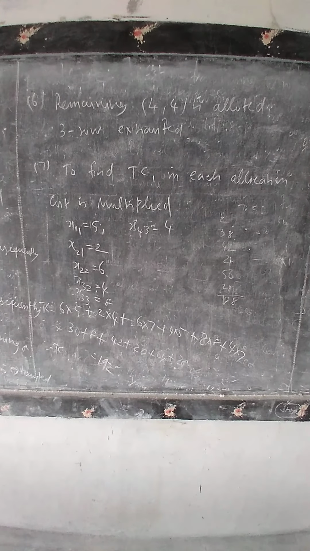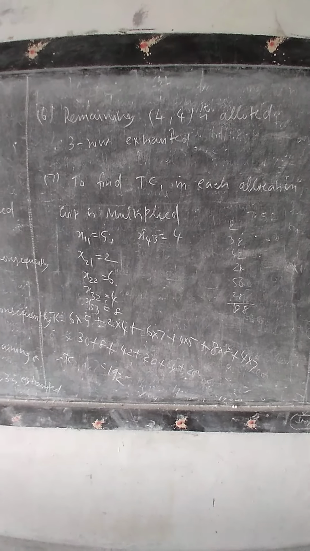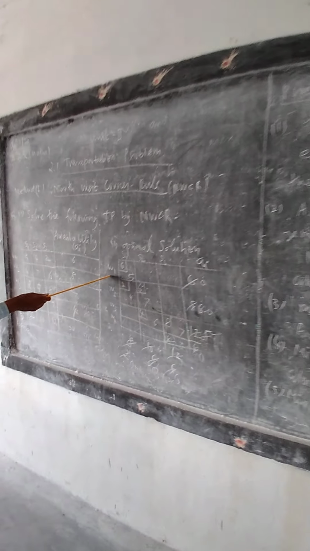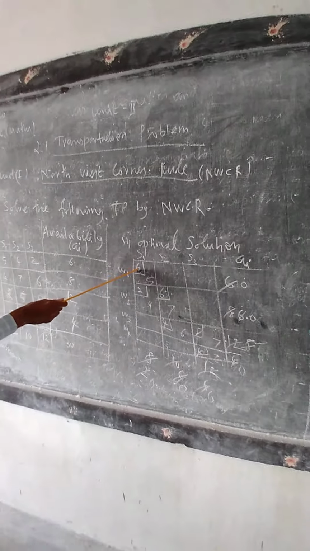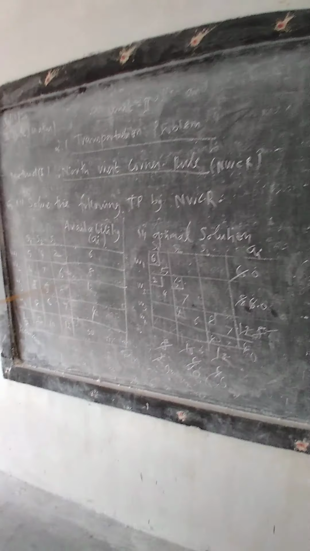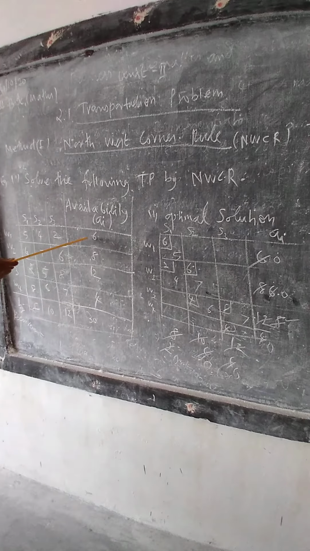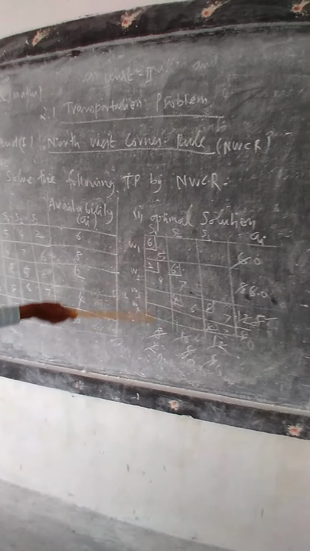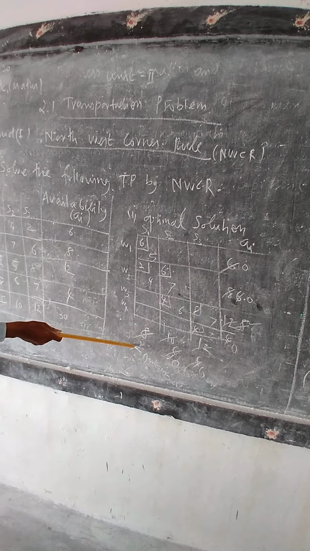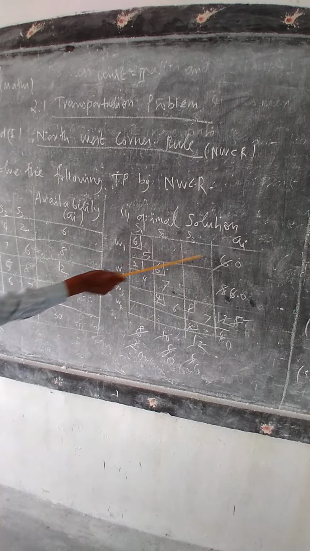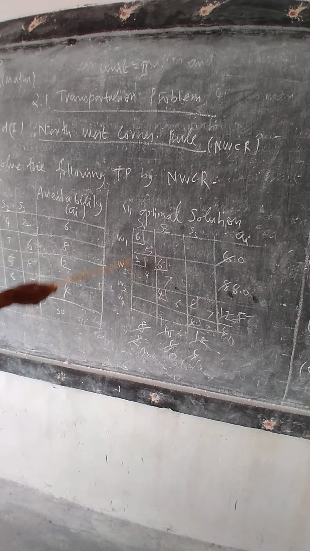In the northwest corner rule, see here, I am allocating in warehouse 1, store 1, 6. How am I allocating? From the minimum of 6 and 8, I am allocating 6. The remaining is 2. So row 1 is exhausted, and the remaining is 2.